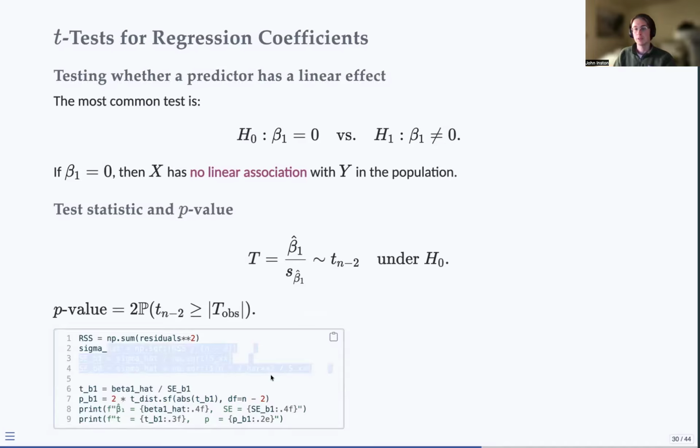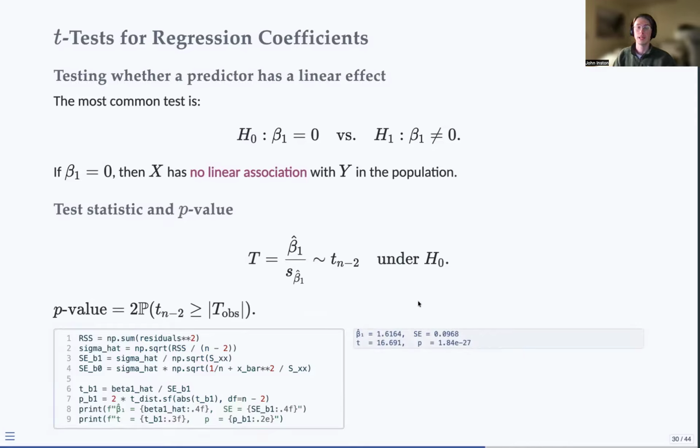But this is all just computations using the values we've got. This is computing the test statistic t, beta hat 1 over the standard error, which we've already computed up here. And then this is computing the p-value. So this is essentially showing you what's under the hood of all of these linear regression functions, which then produce these table summaries. This is what they're doing.